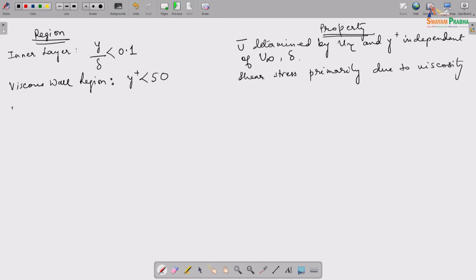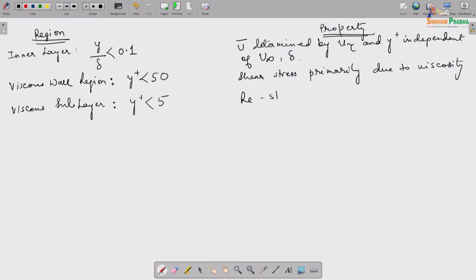Then this is interesting. This is the viscous sublayer, where the law of the wall is something that we developed. So shear stress is primarily due to viscosity.